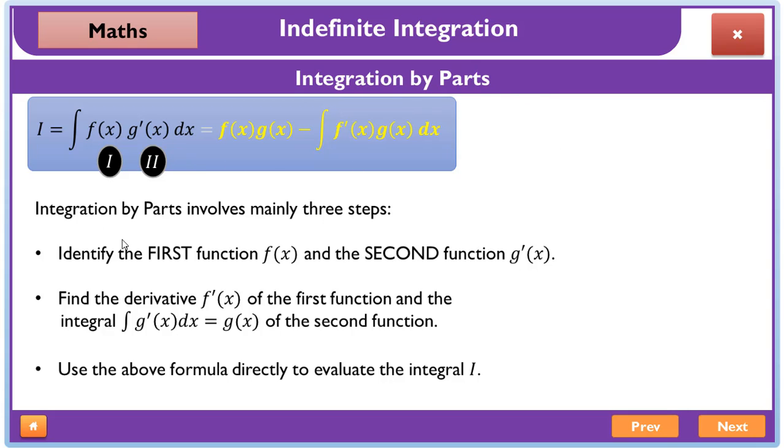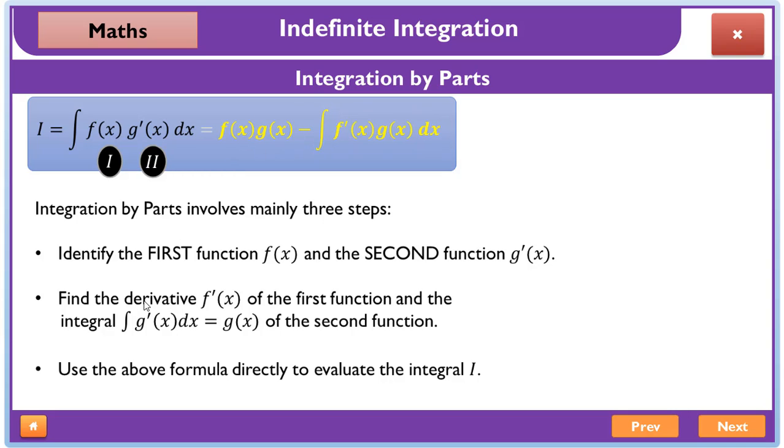Once you select the first function and the second function, you have to differentiate the first function to find f dash of x and you have to integrate the second function to find g of x. Why are these two functions required? Because they appear in the formula of integration by parts.